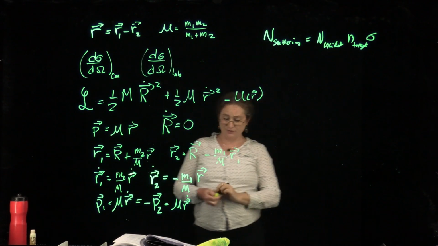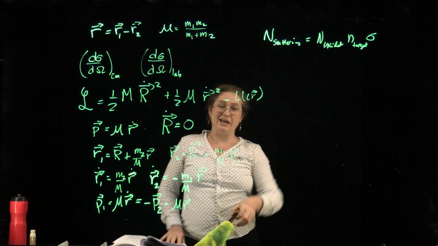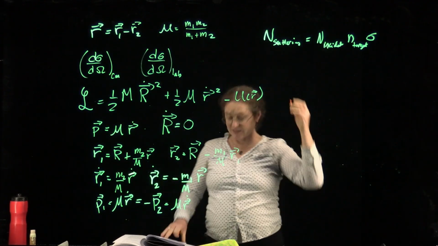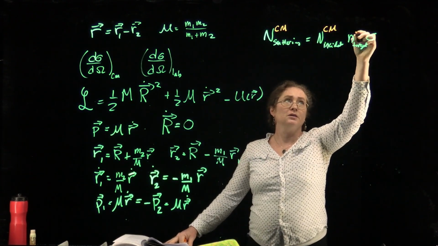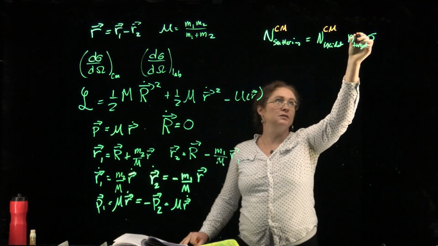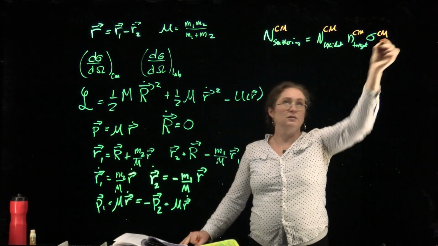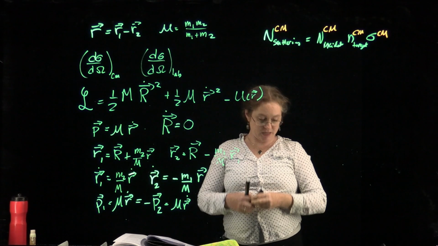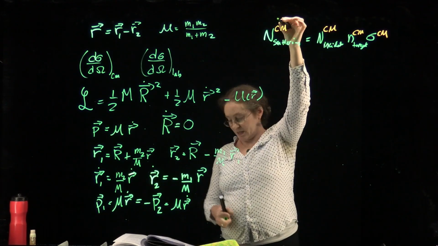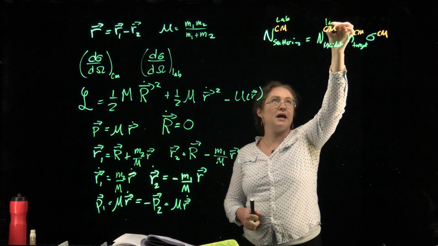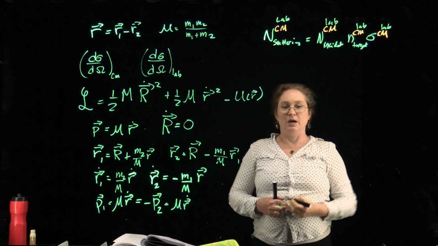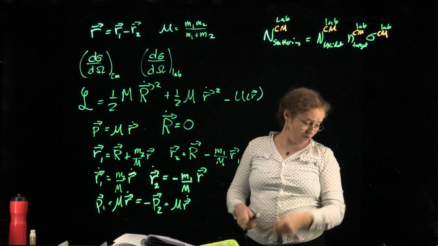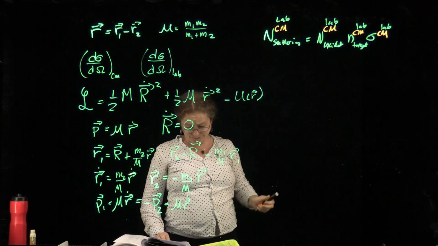Now, what's different is that I can add a bunch of subscripts to this, and I can say that this is the center of mass number of scattered particles, and just add different subscripts to everything. I can say lab, lab, lab. All I've done is write subscripts. This will be true independent of the frame that I am working in.